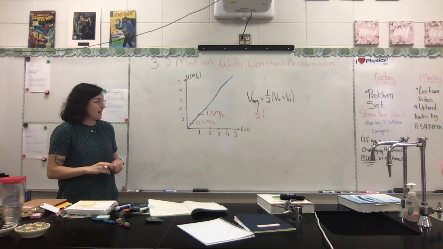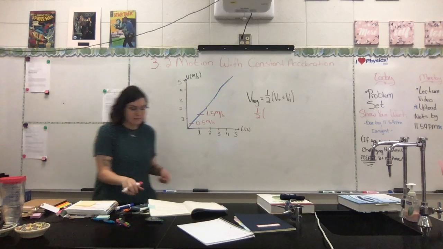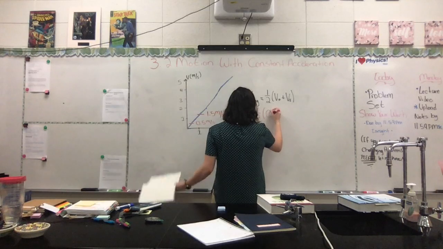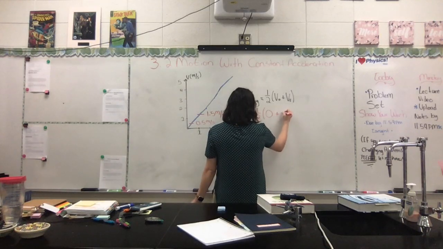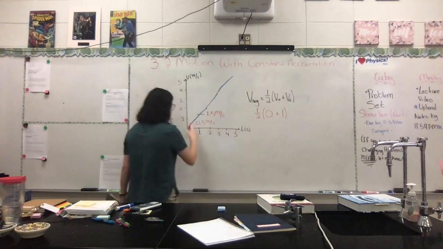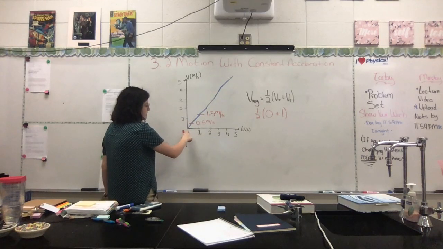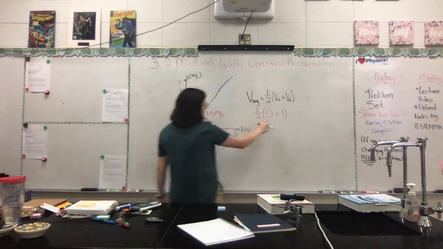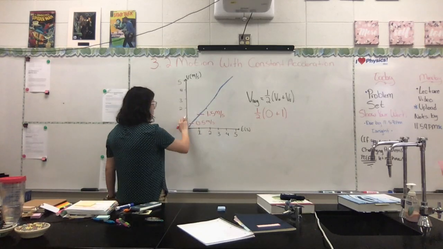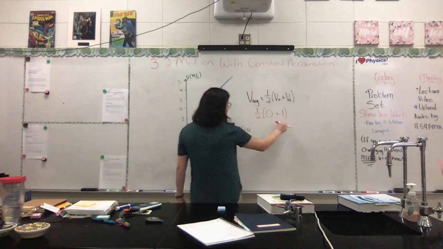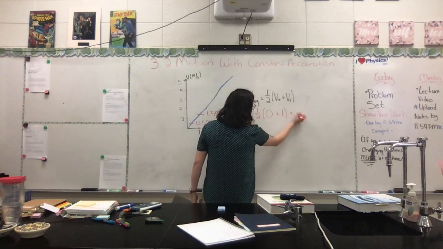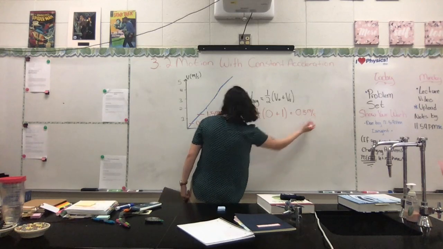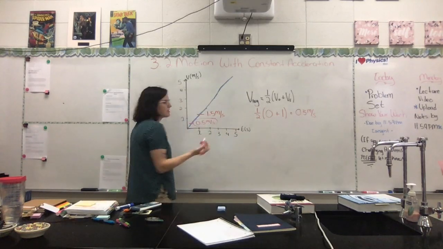Our v naught would be 0, our v final would be 1. So we're looking for the average velocity from 0 to 1, which is 1/2 (0 plus 1), which equals 0.5 meters per second, just like we said.